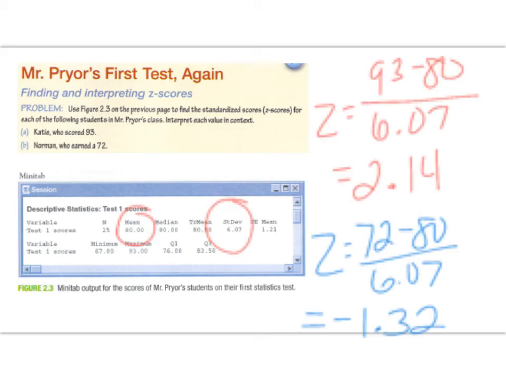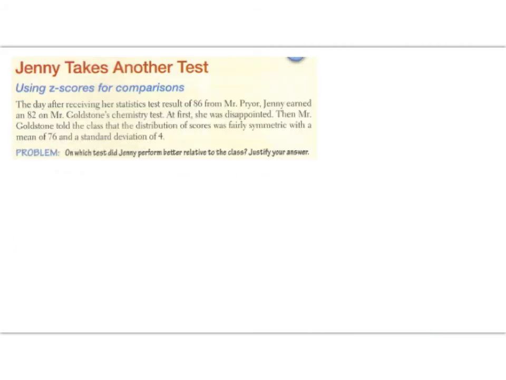So what that means then is that Norman's score is 1.32 standard deviations below the class mean of an 80. So Norman was below average, but he wasn't as far below average as Katie was above average, okay, when we standardize those scores. So let's look at another way that we can use these z-scores.